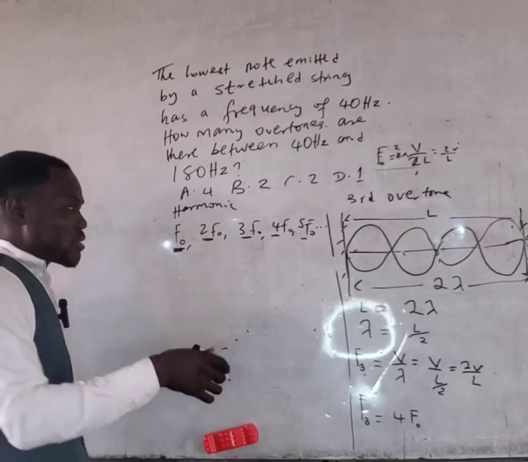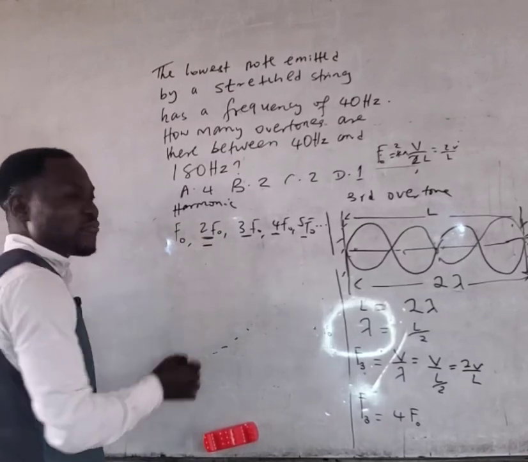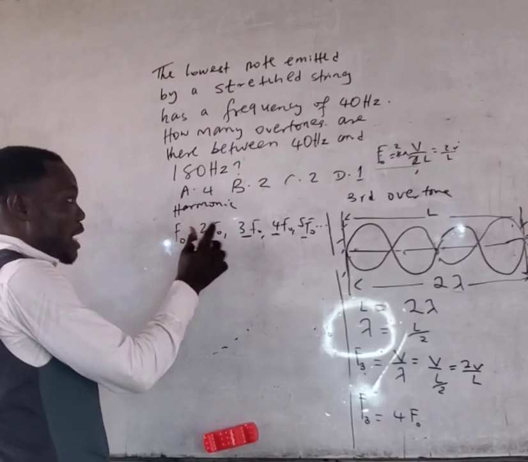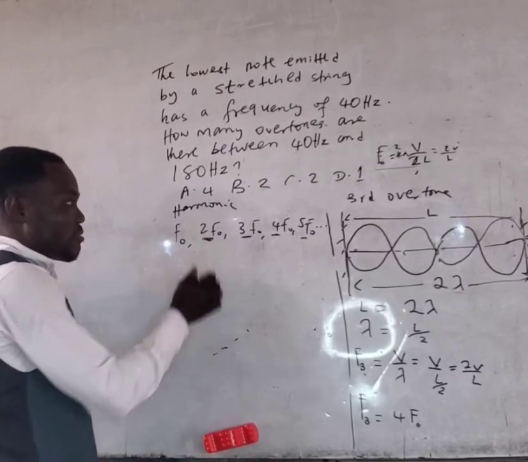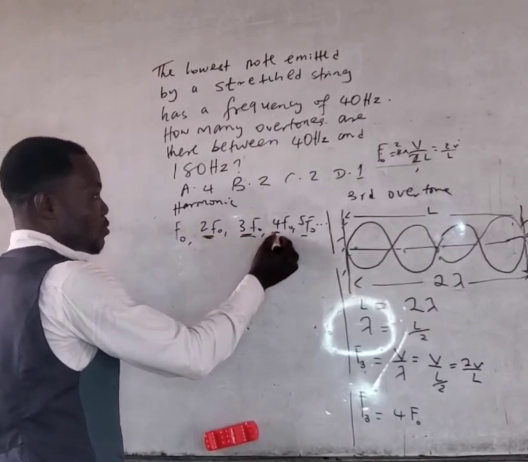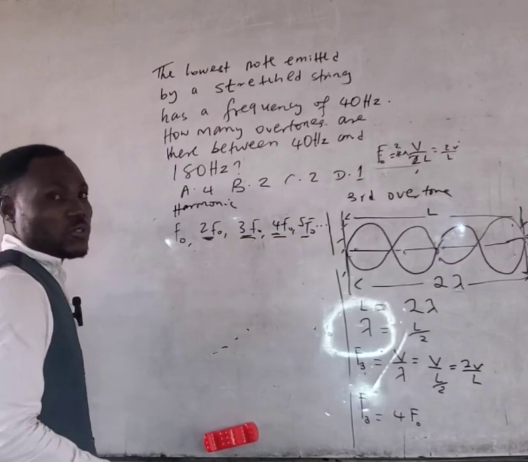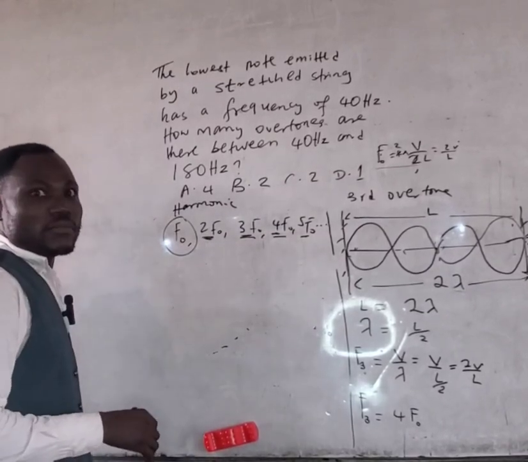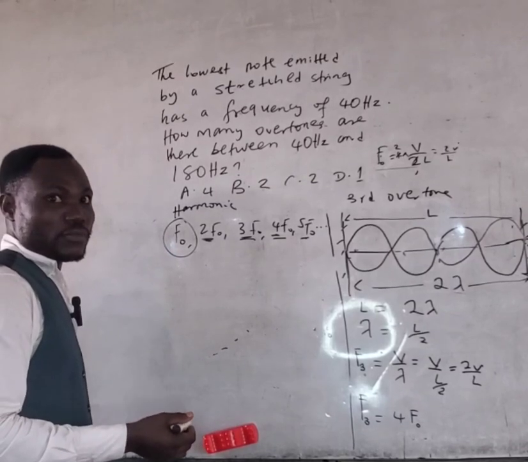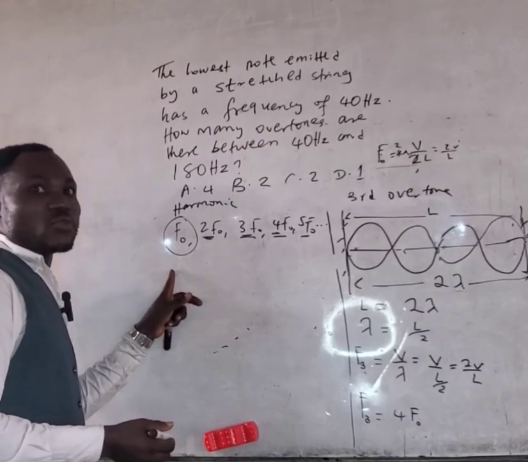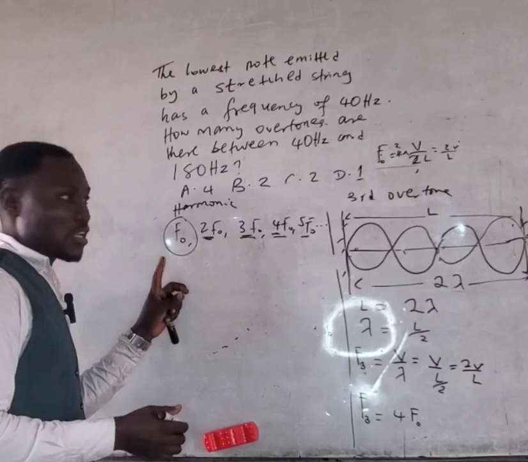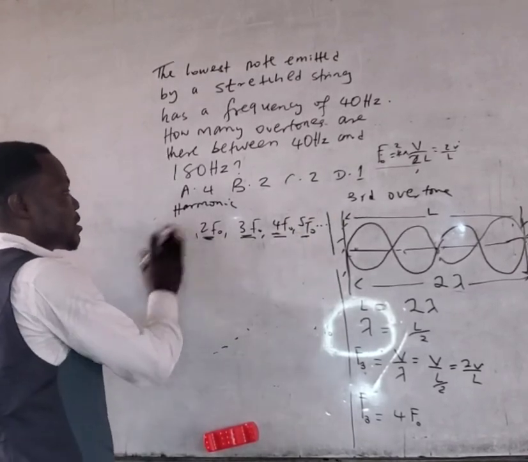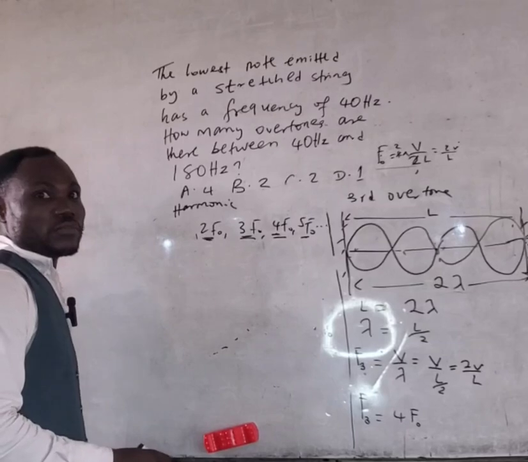But in terms of overtones, the overtone starts from the first multiple. This one is the first overtone, second overtone, third overtone, and so forth. So the overtones exclude the lowest frequency, but harmonics start with the lowest frequency. Please take note. So you can also consider these things as harmonics. If I remove this, these represent overtones.